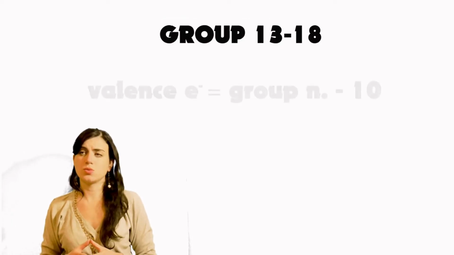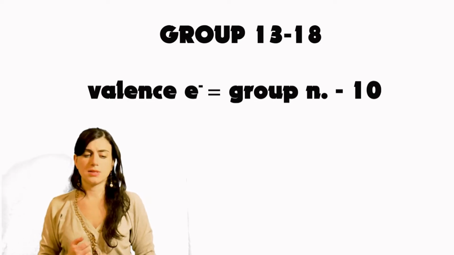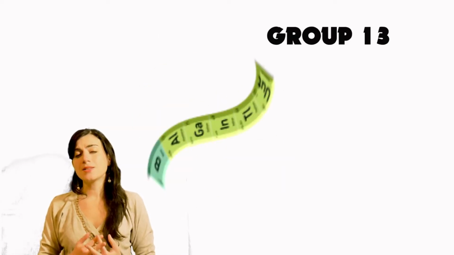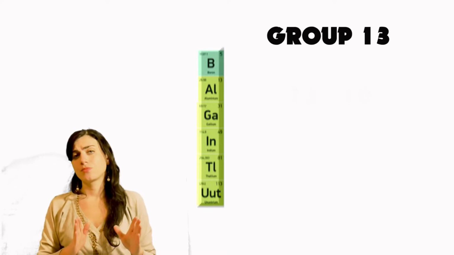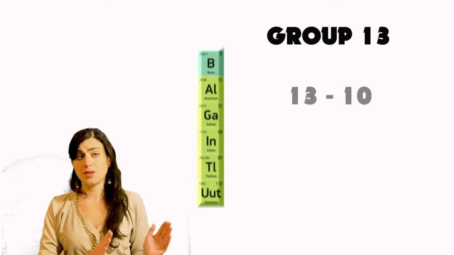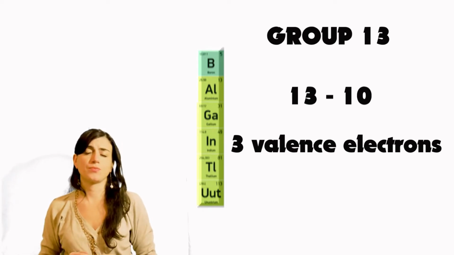It's simple. You take the number of the group and subtract 10. For example, the valence electrons for group 13 will be 13 minus 10, which equals 3.